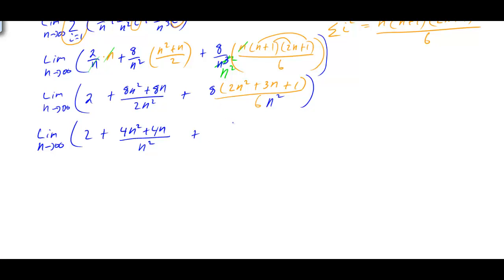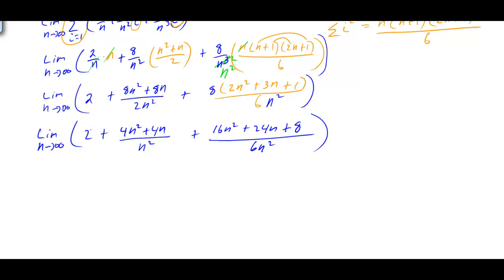And over here we have the 8 that we can distribute across the top, and we would end up with 8 times 2 is 16n squared plus 24n plus 8 all over 6n squared. All right, now we're at a place where we can take the limit here.